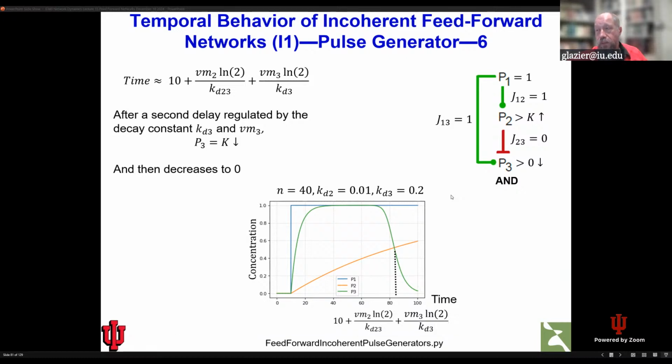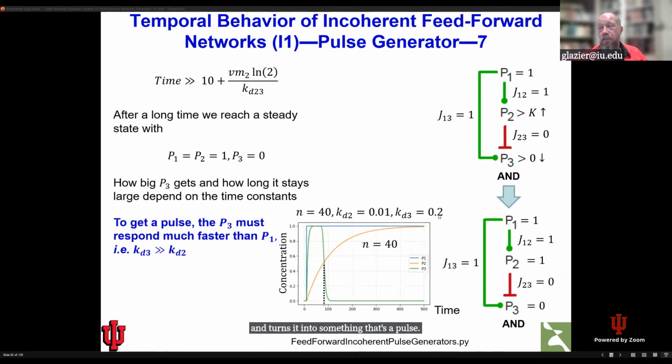And so you could think of that as potentially a functional circuit. It takes a steady state and turns it into a pulse. And there are a lot of biological situations in which that's a functional thing. You have something that turns on, you don't want that to produce a signal forever.